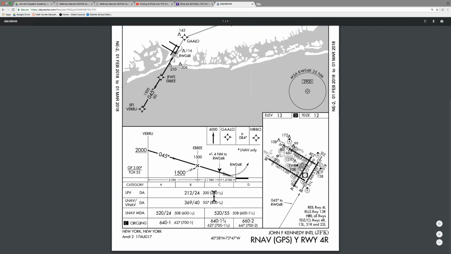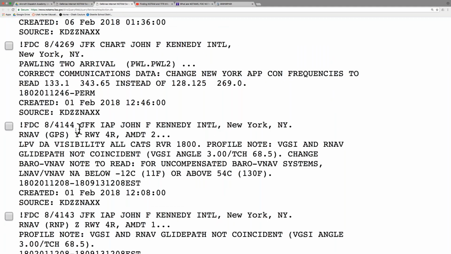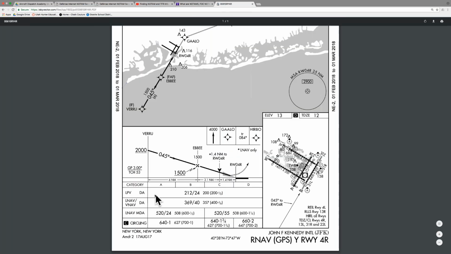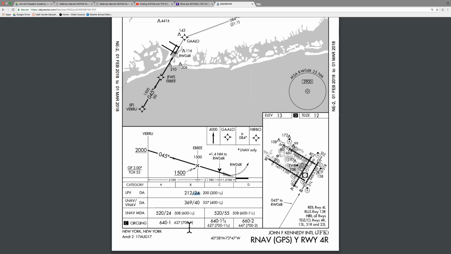So it's talking about the LPV decision altitude. So it's telling us to switch this from a 24 to an 18. You can see how that would apply to us dispatchers, right?